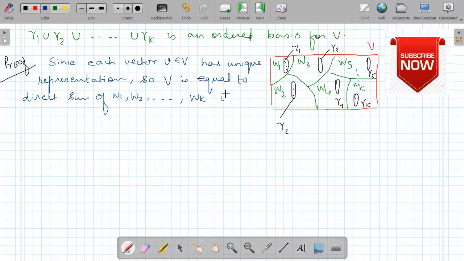Okay, because this is the property of direct sum. So we write here V is equal to the sum of Wi. It is a direct sum, so V equals the sum of Wi holds.